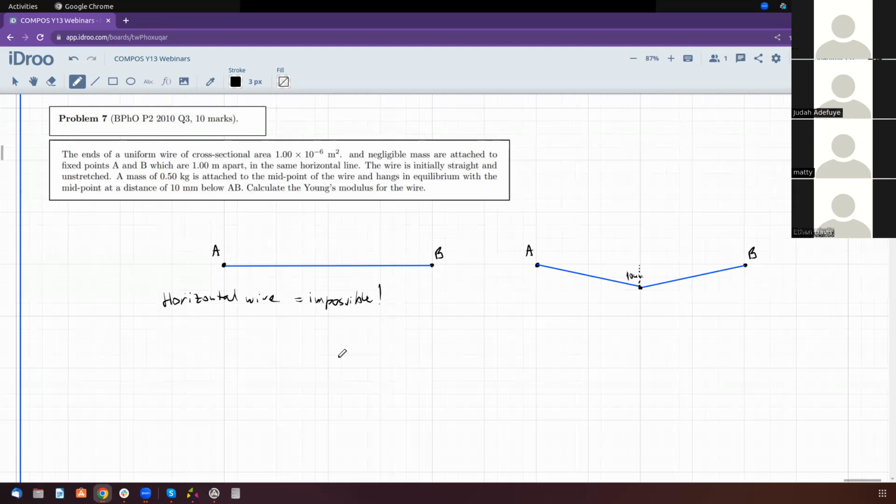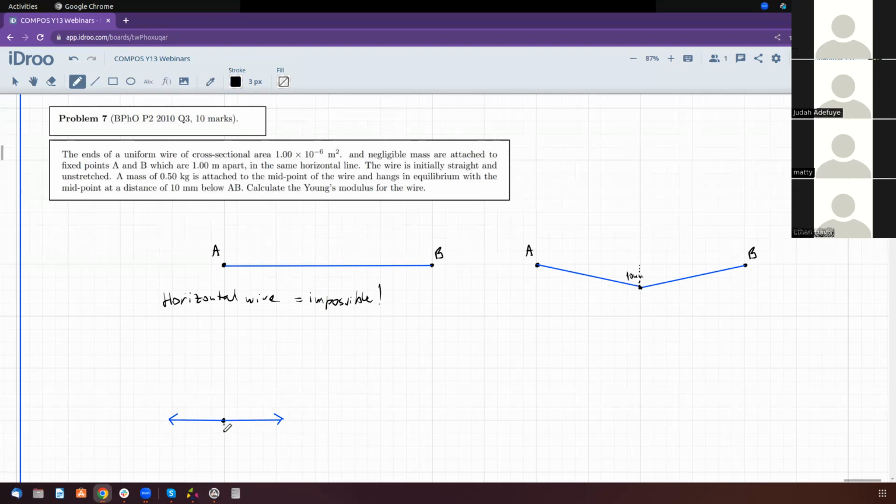Is it because the wire has a mass, so the only force downwards is the mass, so it has to go down? Yeah, absolutely. If you take the middle of the wire, there is tension in the wire. Let's say the wire is horizontal. There's tension in the wire left and right.